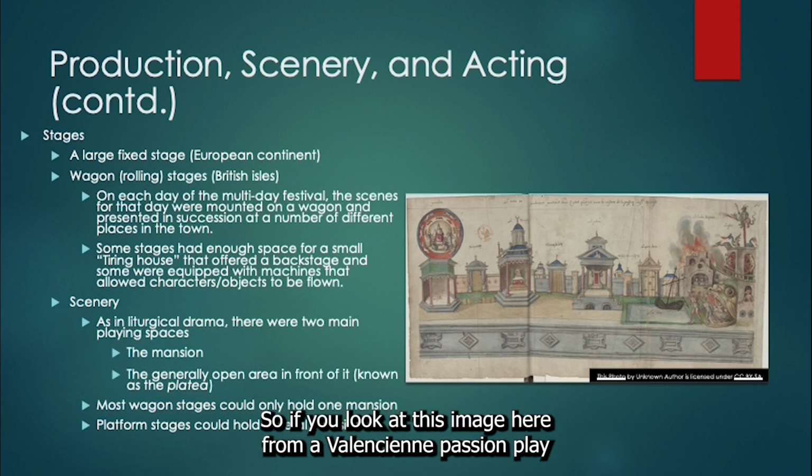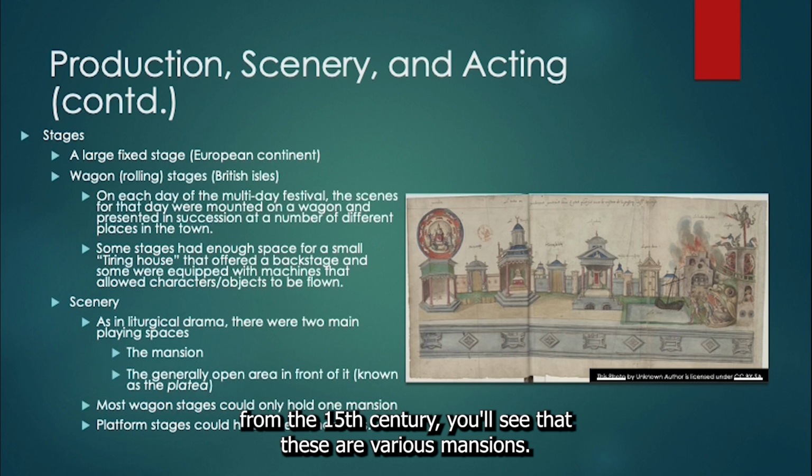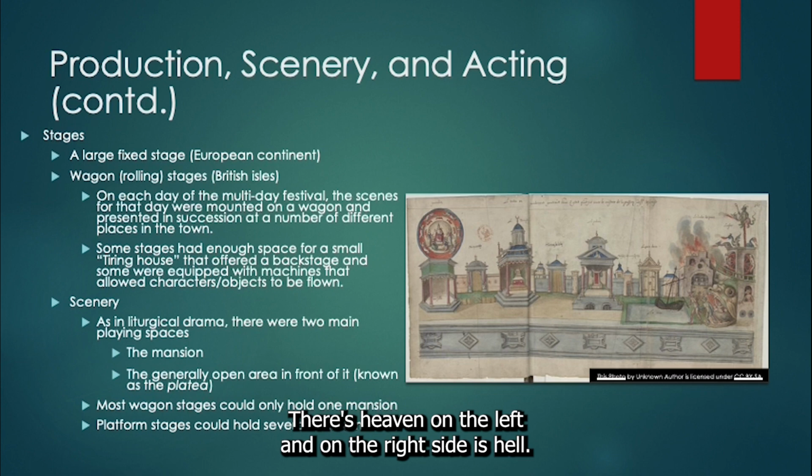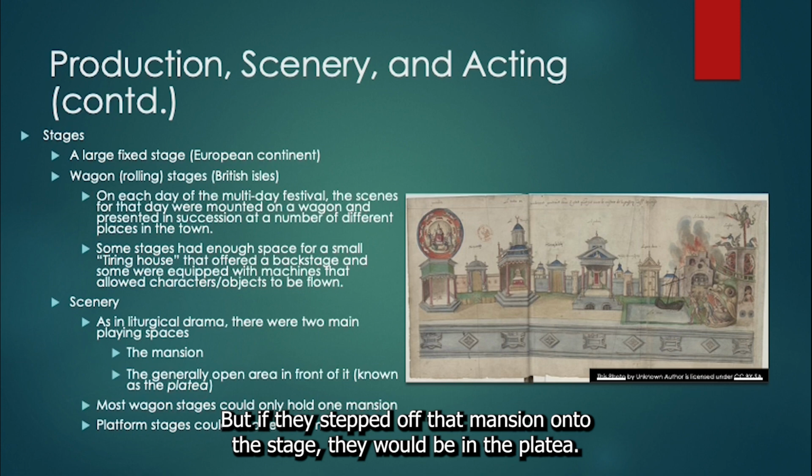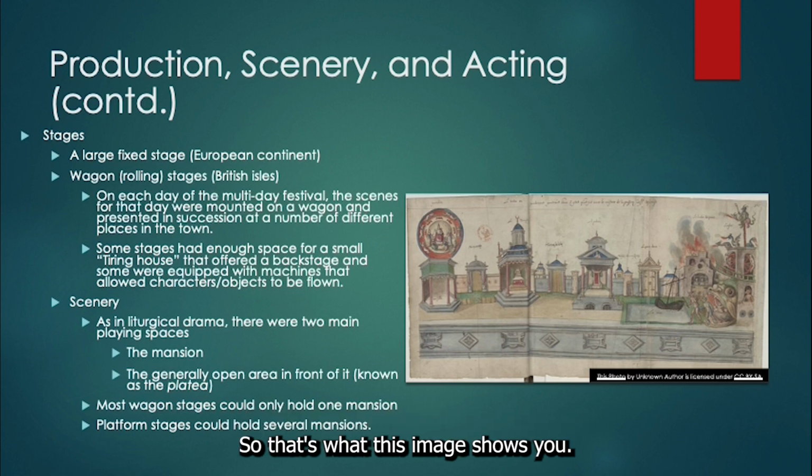So if you look at this image here from a Valenciennes passion play from the 15th century, you'll see that these are various mansions. There's heaven on the left, and on the right side is hell, and between those are three other mansions, and these mansions are all places where the actors would perform, but if they stepped off that mansion onto the stage, they would be in the platea. So that's what this image shows you.